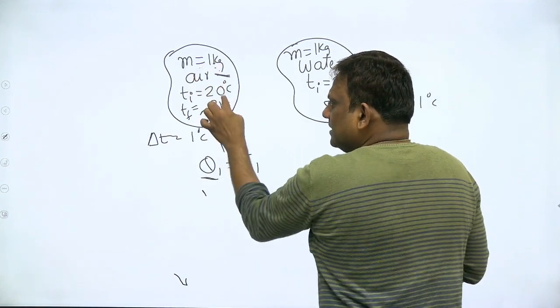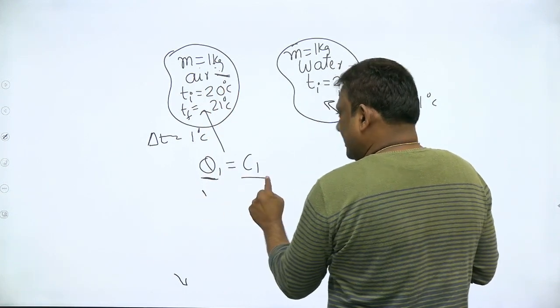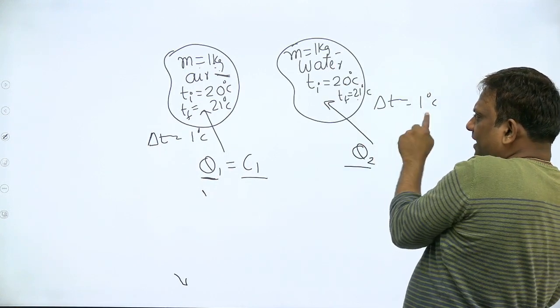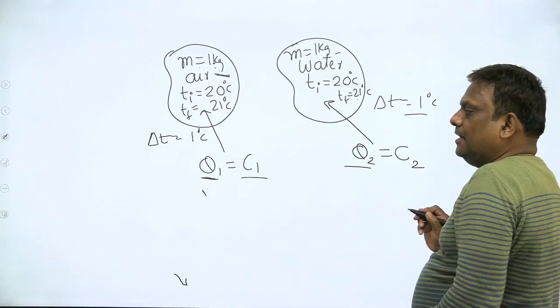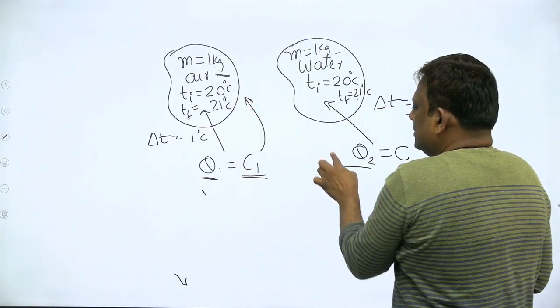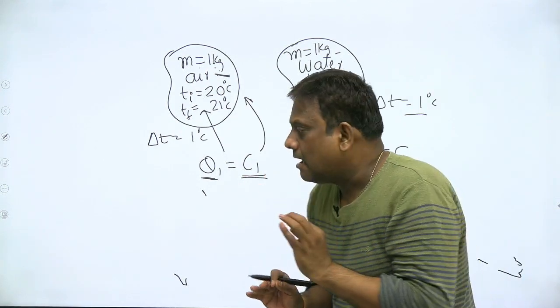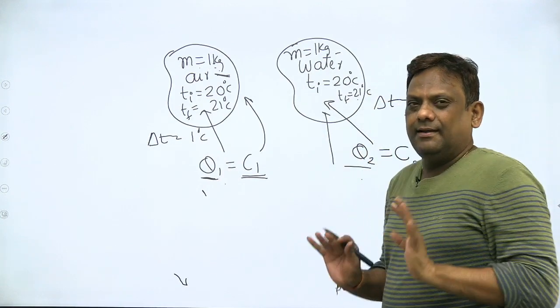1 kg mass, the temperature difference is 1, so whatever heat you are supplying is specific heat. So C1 is the specific heat of air and C2 is the specific heat of water. Now the question is, are these two values the same or different? Let us see.